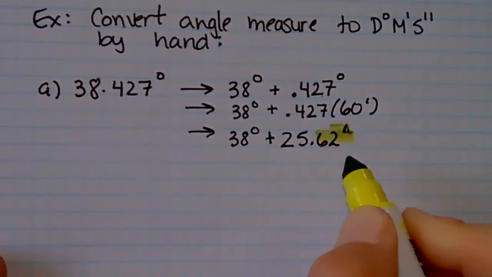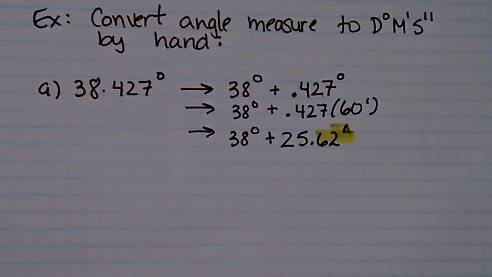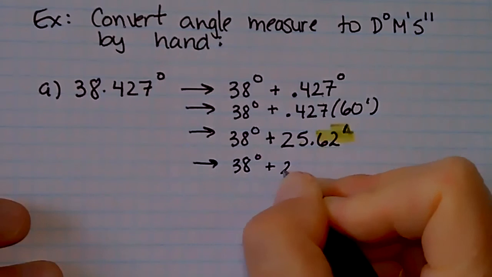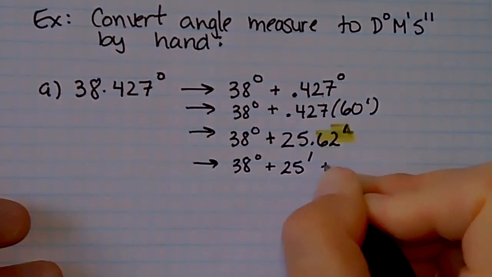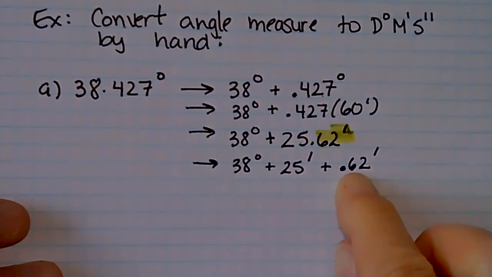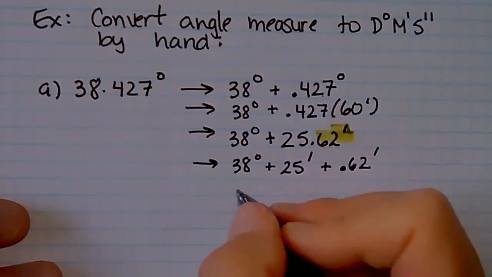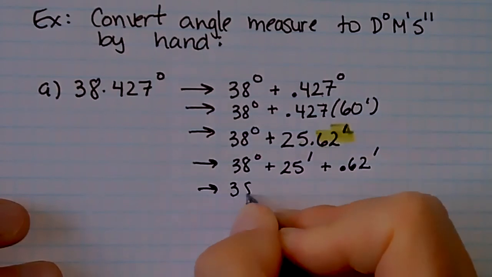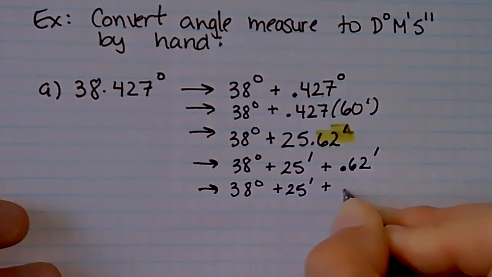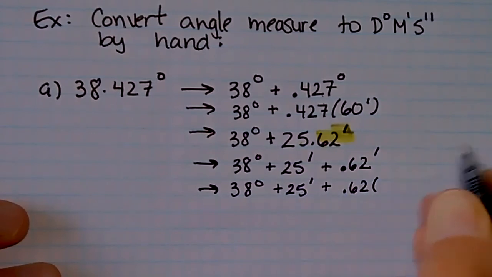And now I need to focus on this. Okay, so I've got 38 degrees, 25 minutes, and I have 0.62 minutes. And these minutes I'm going to change into seconds.